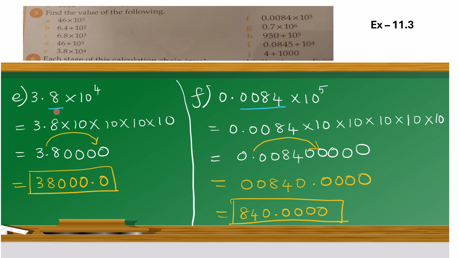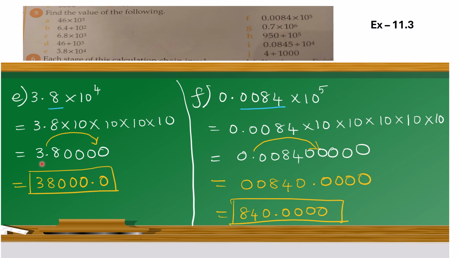E sum is 3.8 into 10 power 4. Okay, 3.8 into 10 power 4 we can write as 10 into 10 into 10 into 10. Okay, so in 10 how many zeros do we have? 4 zeros we have here. So what we have to do is add the zeros to the end of the number.